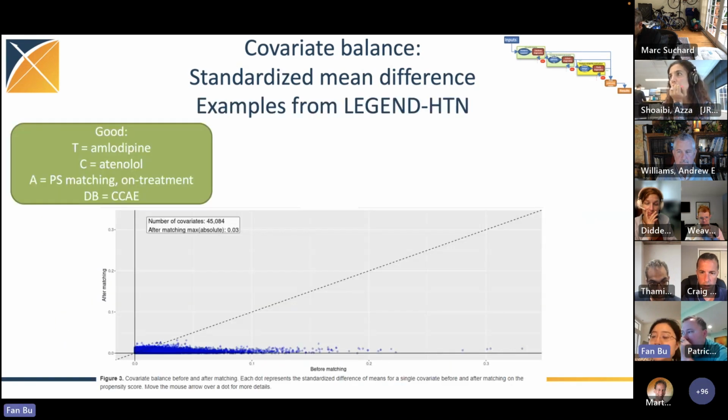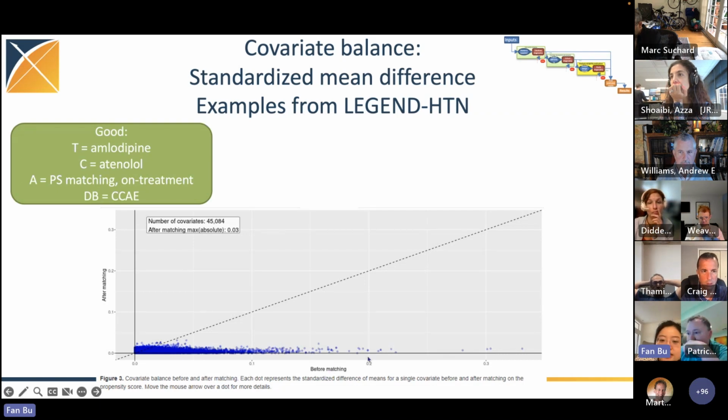So again, one example of the good case from the LEGEND hypertension study. In here, for this particular target comparator pair, and using an adjustment method called propensity score matching, we're plotting for each dot the standardized mean difference for each covariate.